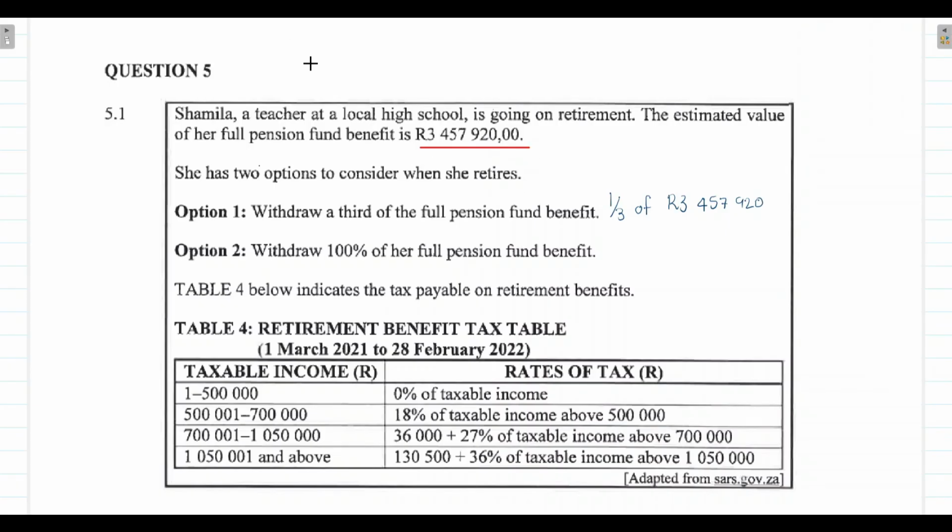We are literally going to write it out the way we just said it: 3 million, 457,000, 920 rand. So that is what we're going to write down.